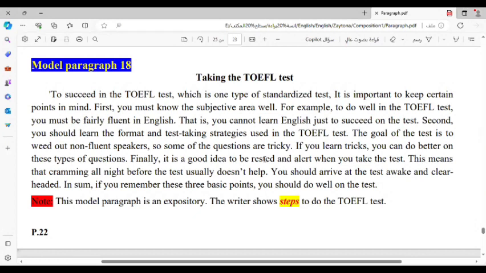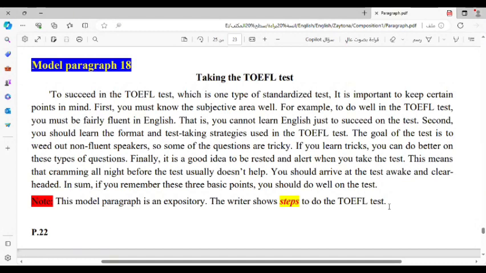Yani as we say in Arabic, في نكشة. If you learn tricks, you can do better on these types of questions. Finally, it is a good idea to be rested, like relaxed, and alert when you take the test. This means that cramming all night before the test usually doesn't help.